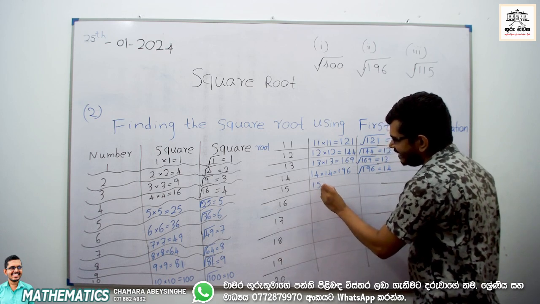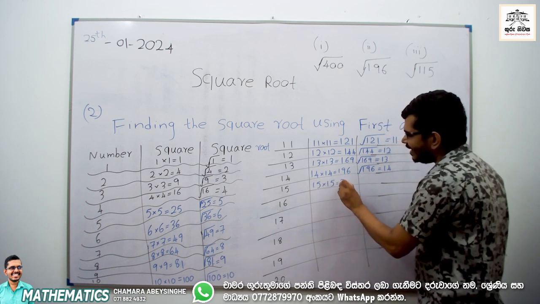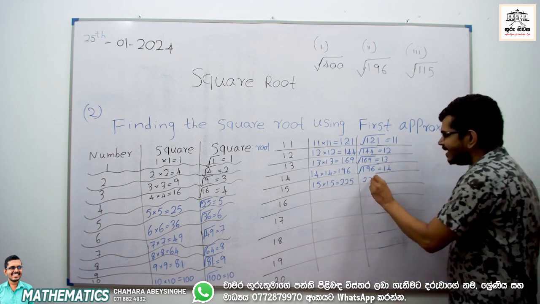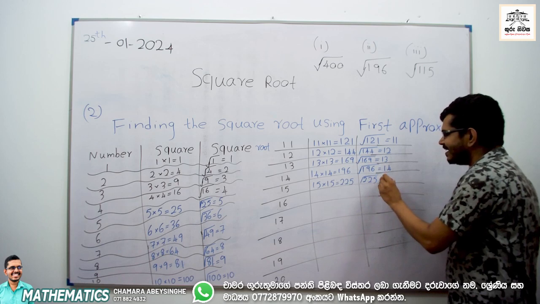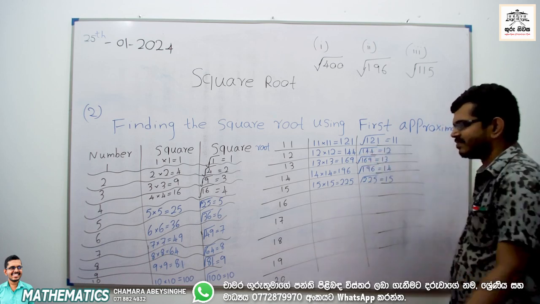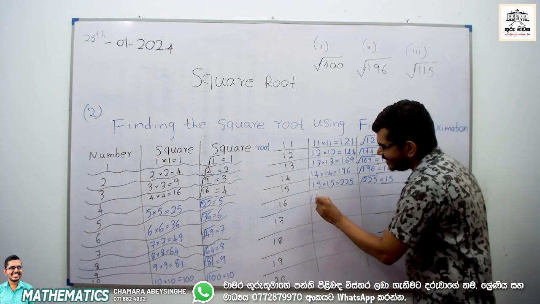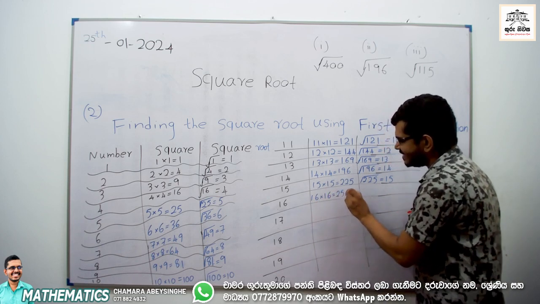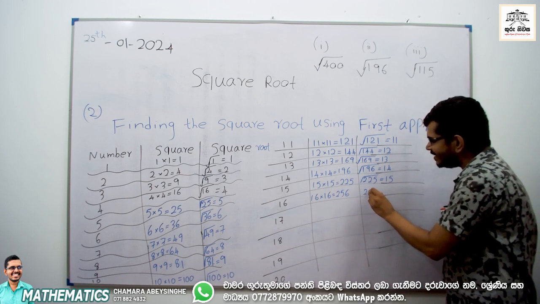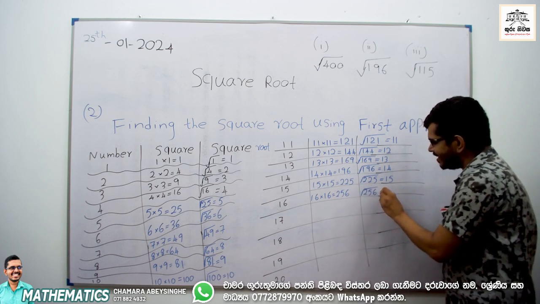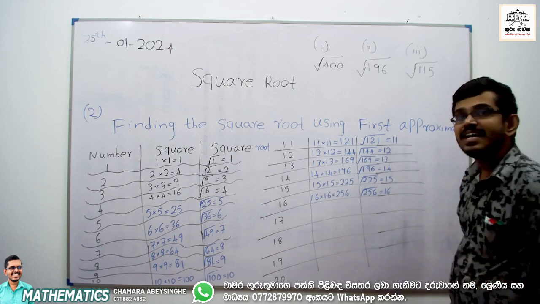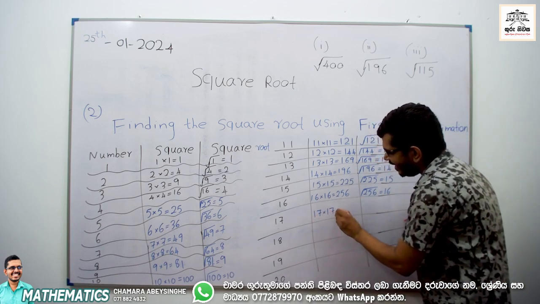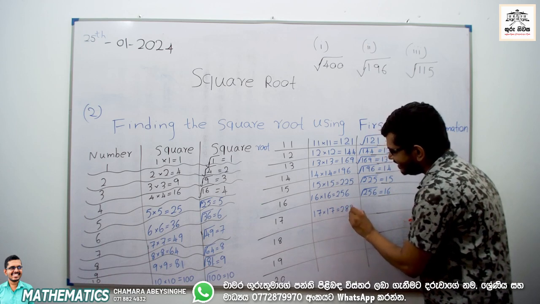15 times 15? 225. Square root 225 is 15. 16 times 16? 256. Square root 256 is 16. 17 times 17? 289.